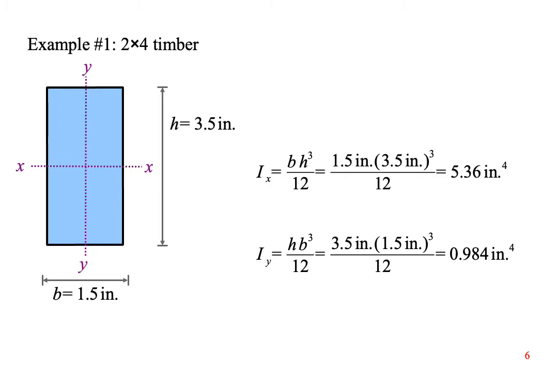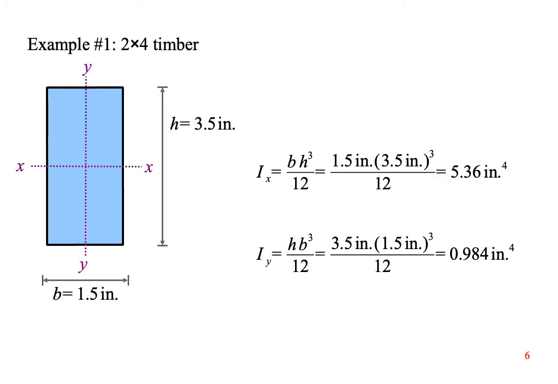This is a really strange unit. I can picture a length in inches, an area in square inches, and a volume in cubic inches, but I really can't picture anything in inches to the fourth. It doesn't have physical meaning, but it's a really useful tool for solving beam problems. You just have to take it on faith.